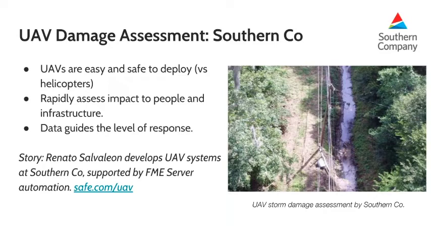Then when they find the areas where the towers are down or the lines are down, they can target those areas and send their people out for maintenance. That way they can guide their response to the storm damage. Renato also told me they sent a team over to Puerto Rico to help with some of the storm damage response there as well.